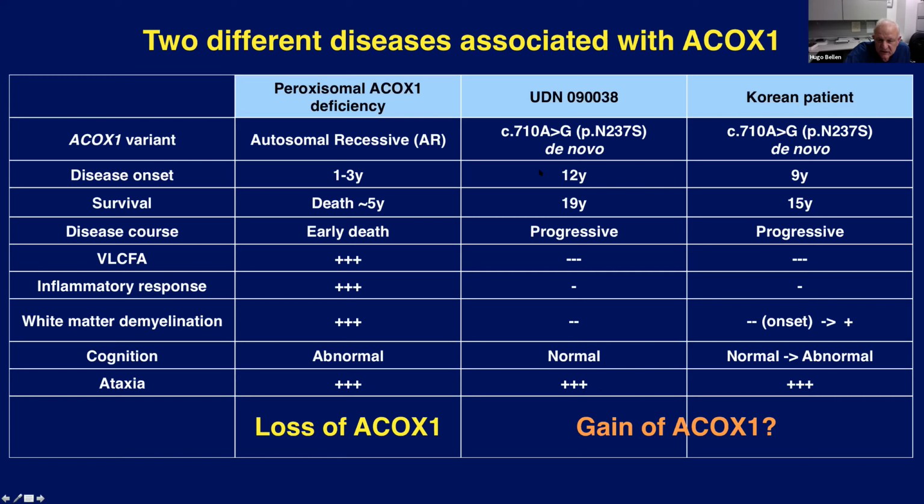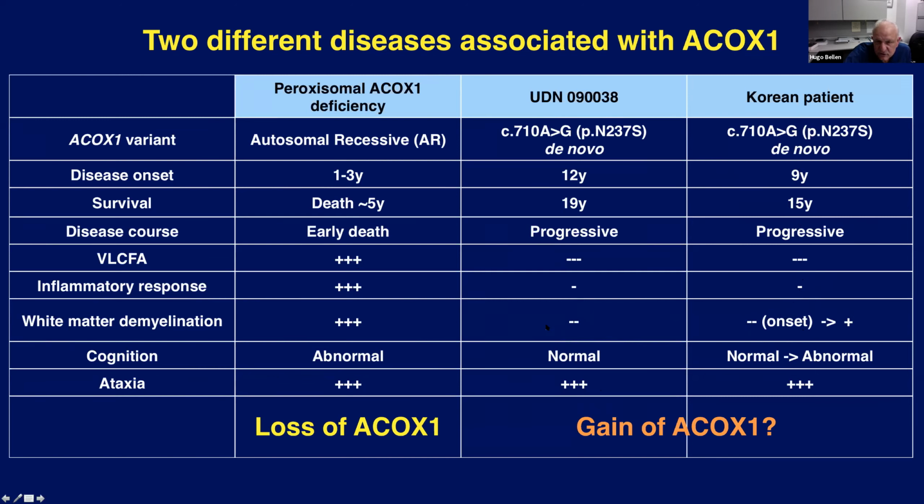So this is obviously a very different progression than what is defined for the loss of function, suggesting that maybe this point mutation causes a gain of function. In fact, we found a second patient in Korea with the same point mutation and a similar progressive disease with, again, no accumulation of very long chain fatty acids or inflammatory response, and a late white matter demyelination.